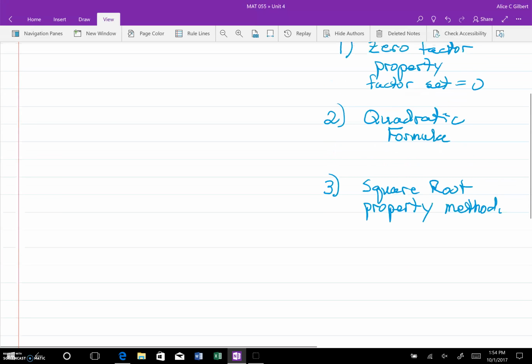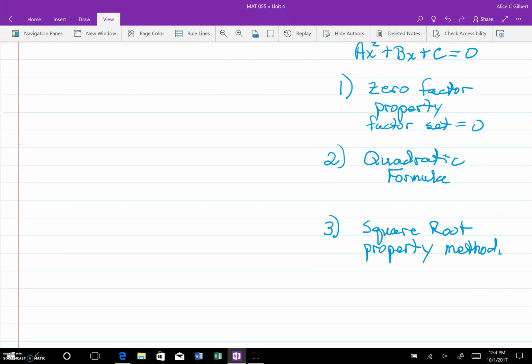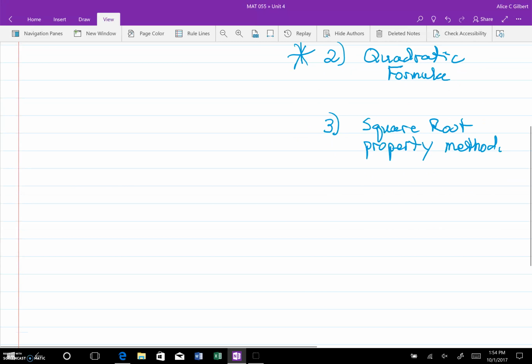Okay, so now here's the thing. When you have a quadratic equation, always try number one first. Try factoring it. That's always the easiest. If it does not factor, then do the quadratic formula. The only time that we want to use the square root property method is if the equation starts in the proper format.